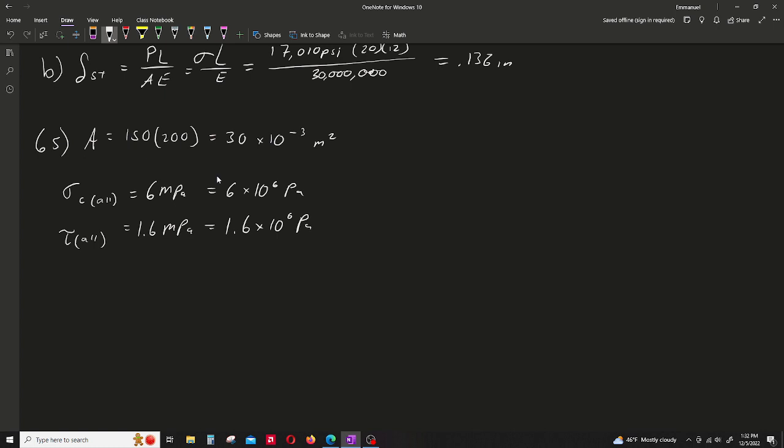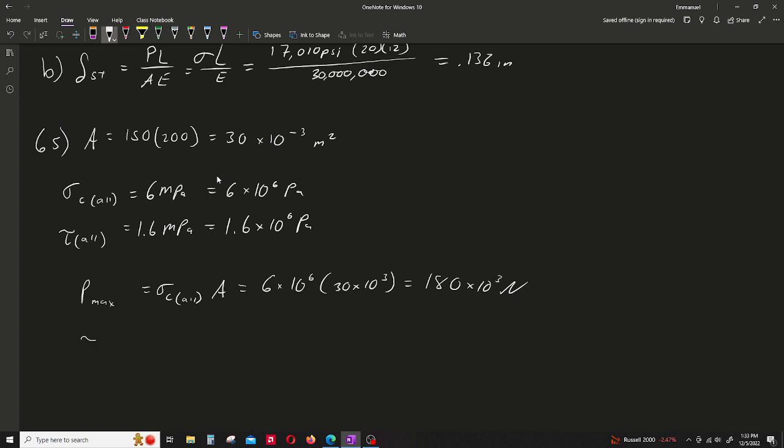So now we got everything in the right units. We can say our max force here is sigma times A, and that's 6 times 10 to the 6 times 30 times 10 to the negative 3. This gives us 180 times 10 to the third newtons.